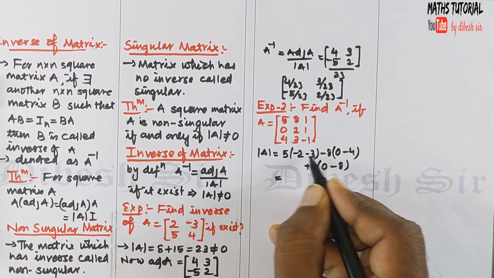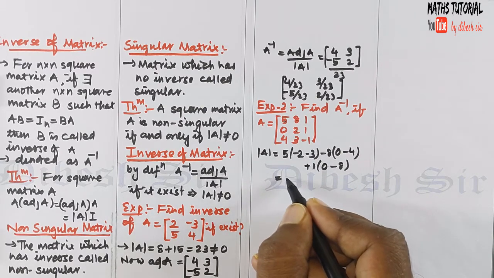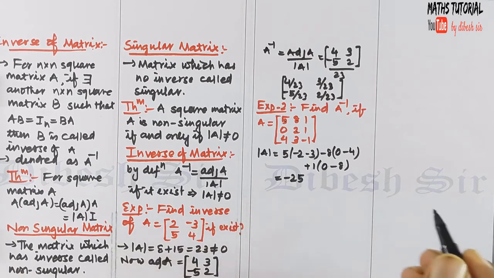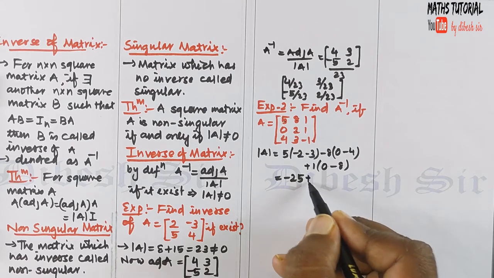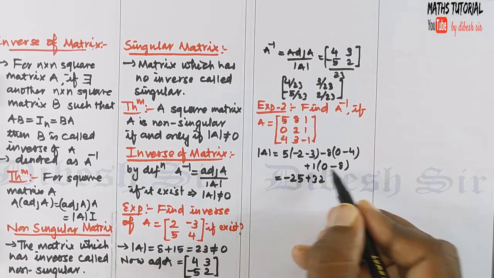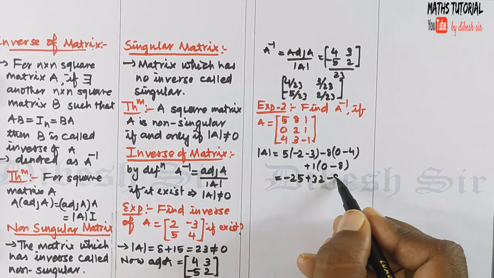So here this is minus 5 into 5, that is minus 25, minus plus, 8 fours are 32, 1 into minus 8, minus 8.